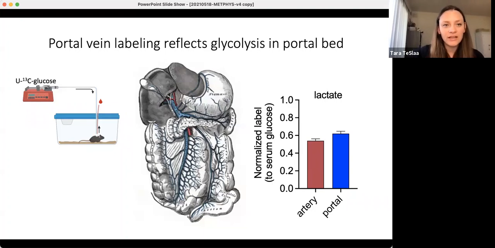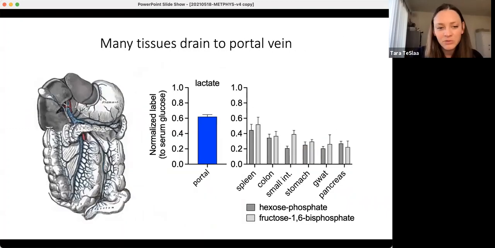So this suggests that there is a tissue or cell in the portal bed that does a lot of glycolysis from glucose. However, when we look at all of these tissues in the portal bed, we don't see a tissue that labels its glycolytic intermediates more than circulating lactate. So that suggests there's a cell type in one of these tissues that's doing a lot of glycolysis and producing lactate at a high rate, but it is a minority cell type, accounting for only a minority of the glycolytic intermediates in that tissue.